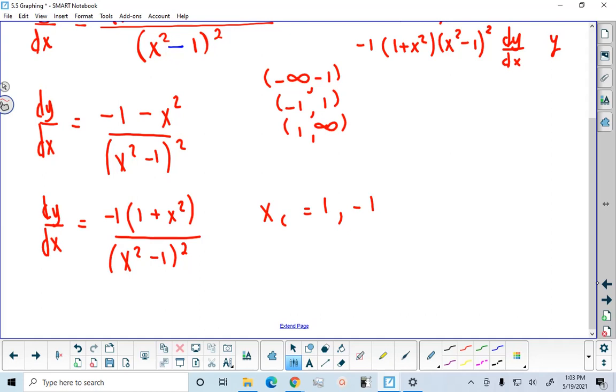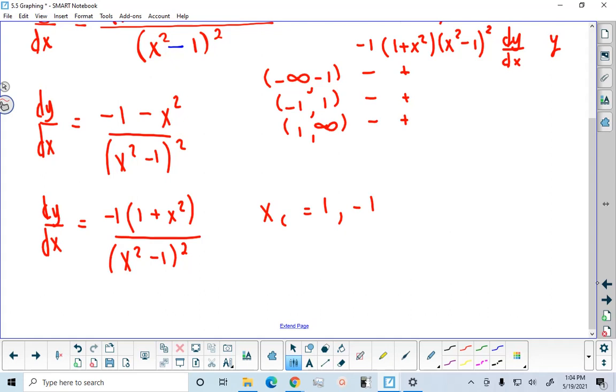So negative 1 is negative everywhere. 1 plus x squared is positive everywhere, because whatever x squared is, it will be a positive number, or 0, but if we're going to add it to 1, we're going to get positive.